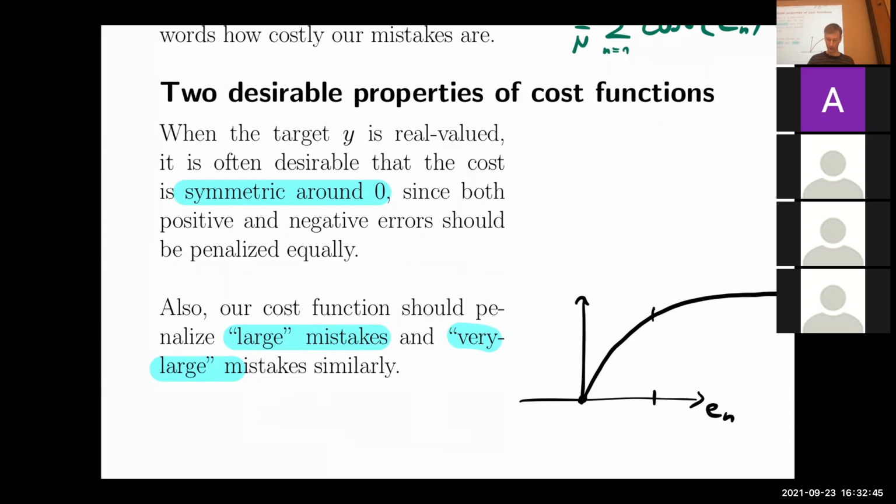But it really does matter if I have an error of 0 or an error of 1. So that is a big difference. So that's one possible shape of cost functions, and the error here, I draw it for positive for simplicity. We will get back to this.